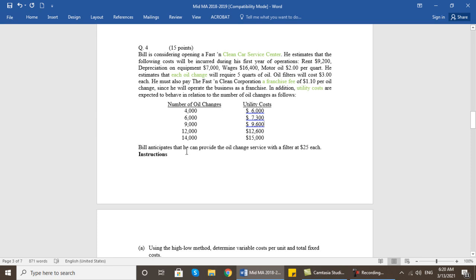Bill anticipates that he can provide the oil change service with a filter at $20 each. Here's the price for this service.